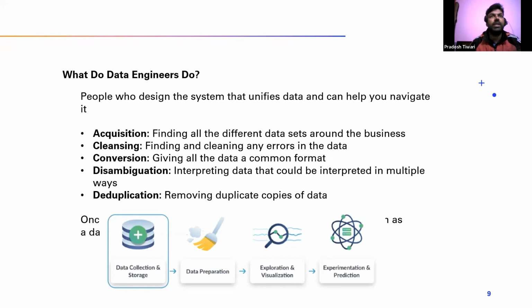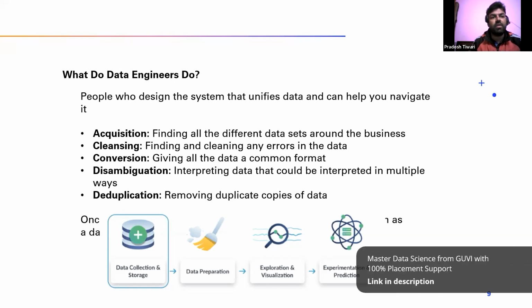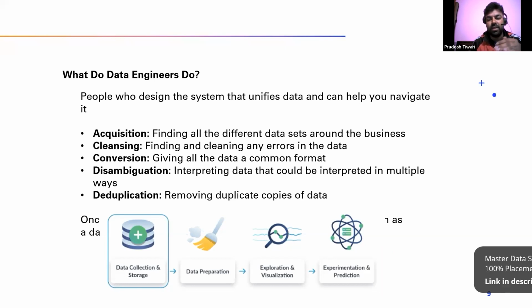Once we have clean data, we have to standardize it with our current system. We have to convert it, because the data available from different systems may not be useful as it is. We have to make it useful. We might have to convert, manipulate, or get it into a defined format.